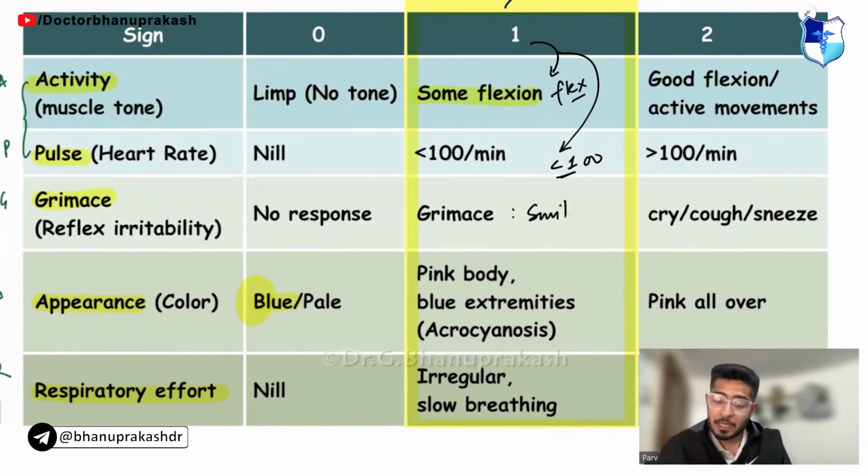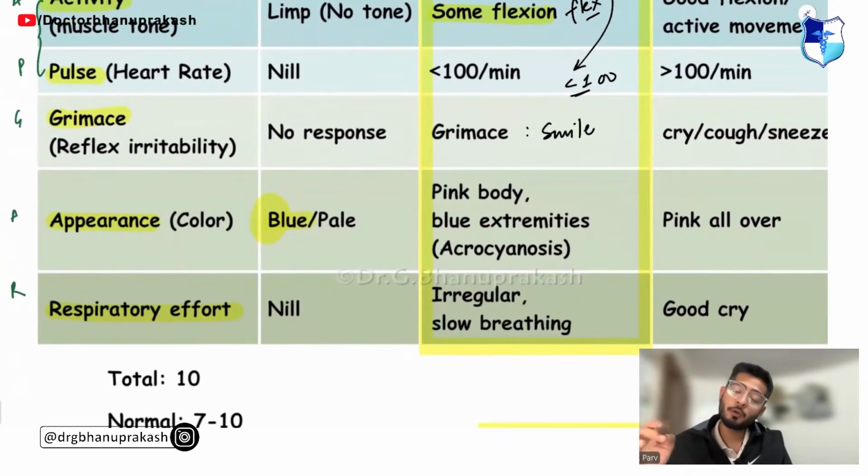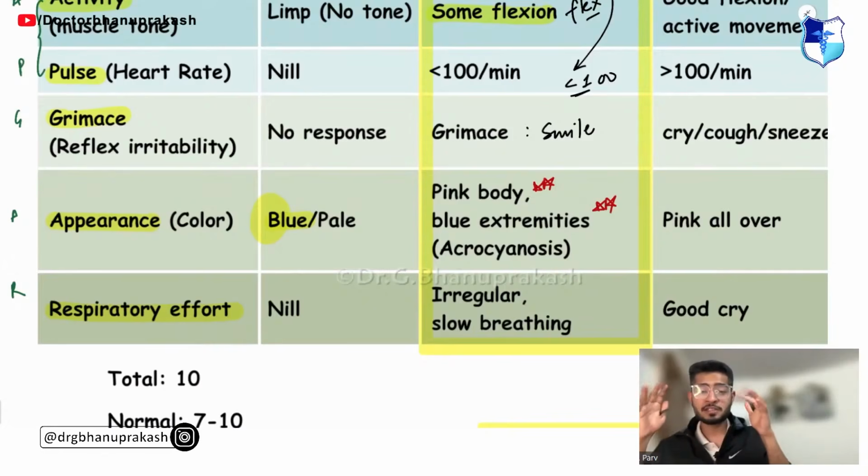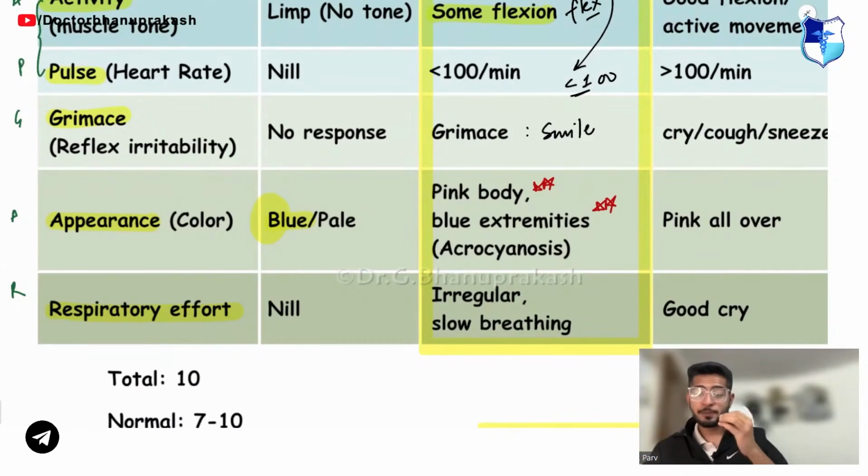Coming on to the most important point: pink body, blue extremities. The extremities are going to be blue, but the body is going to be pink. Clear? So in this case the extremities are blue, the body is actually pink.